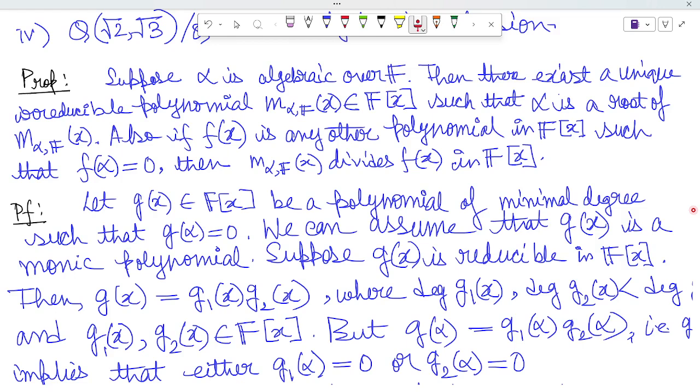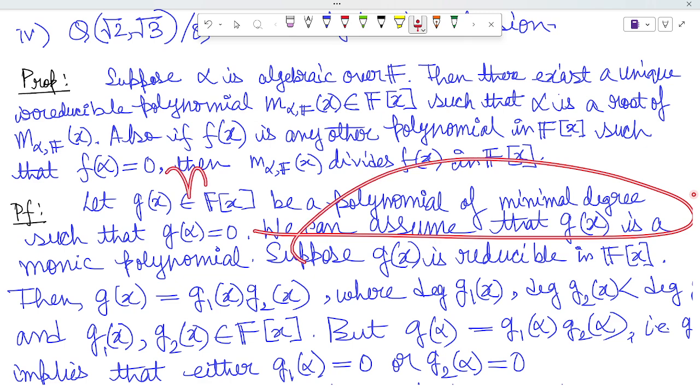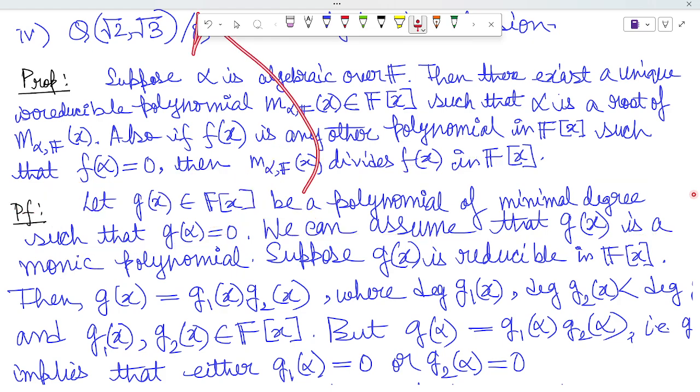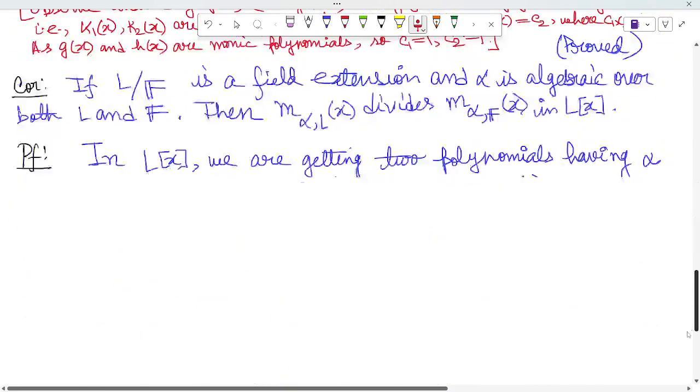But I am again saying, in the previous result that I have shown to you, what was there? That was, I think, the irreducible polynomial. But what is the choice of irreducible polynomial here? That is the minimal degree polynomial, which was m_{alpha,F}(x). So the choice of Px was this thing. So I can substitute this in that previous theorem and I will get this.